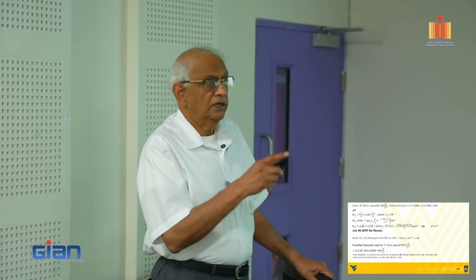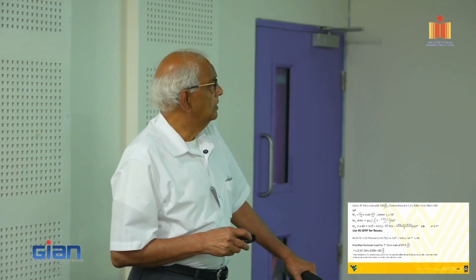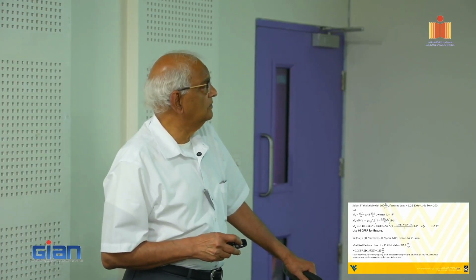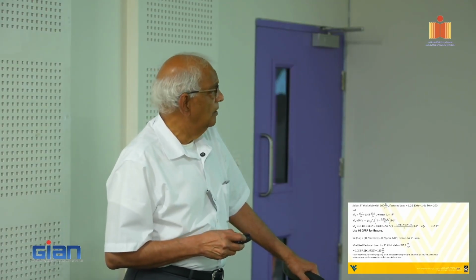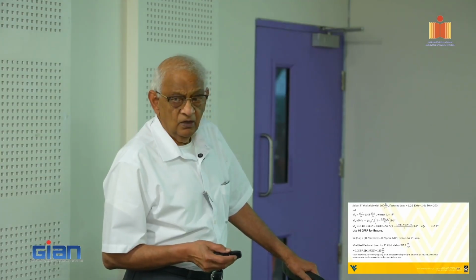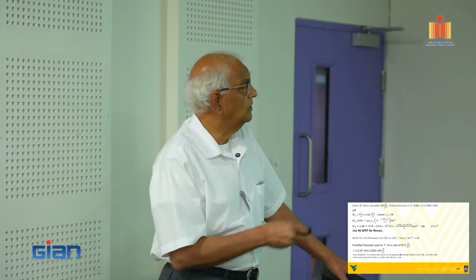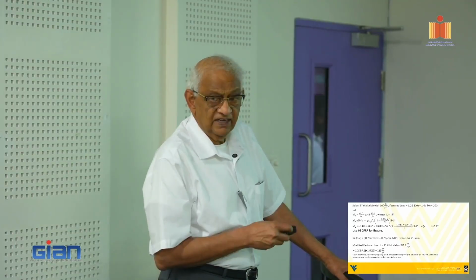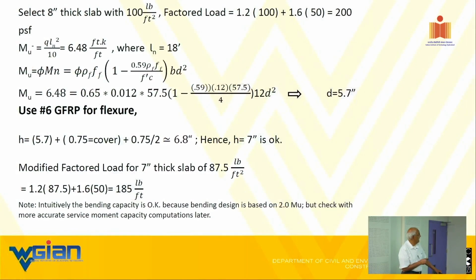Now we are going to talk about your negative moment, WL square over 10, positive moment WL square over 17 or 14 in this case. So L, the effective span length, is 18 feet, and the M sub U has the phi factor, and here is another simplification of all that.